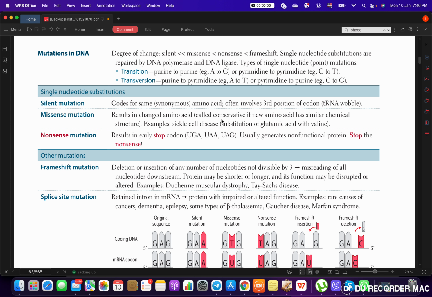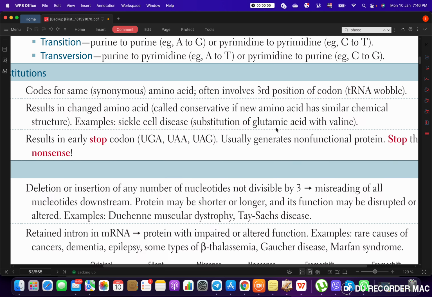But if it has a totally different structure, we call it not conservative. Conservative means, oh yeah, it's a different amino acid, but it did not lead to that much harm. But if it was not conservative, it will lead to some harm. For example, in sickle cell disease, the substitution leads to conversion of a glutamic acid into valine. Is that leading to a pathology?